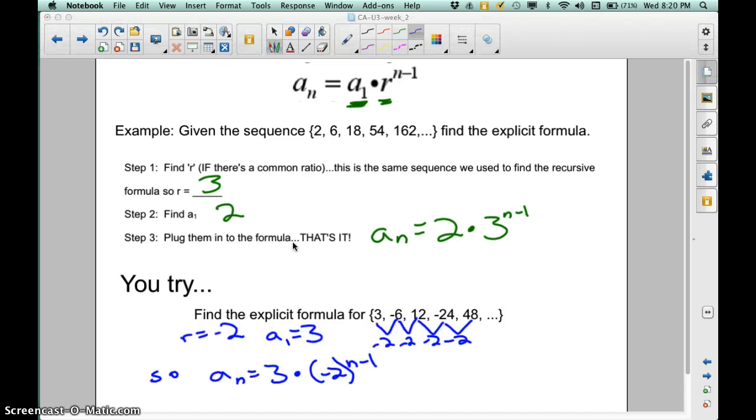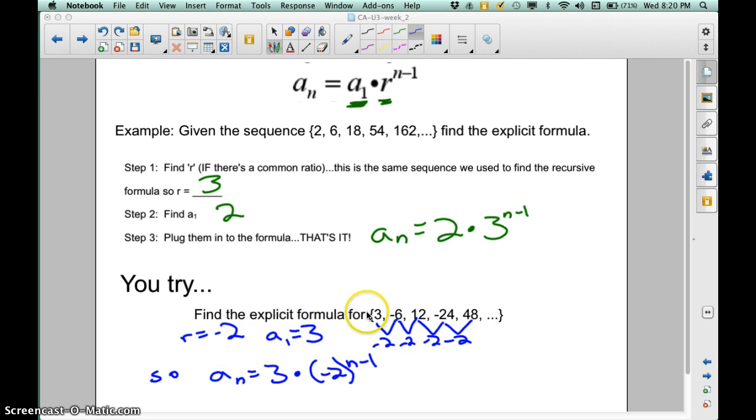All right, how'd you do? I wonder if you noticed pretty quickly that this is the same one that you tried before to do the recursive formula. So now that you're doing the explicit formula, R is the same thing. You found out pretty fast once you started dividing. It's -2.